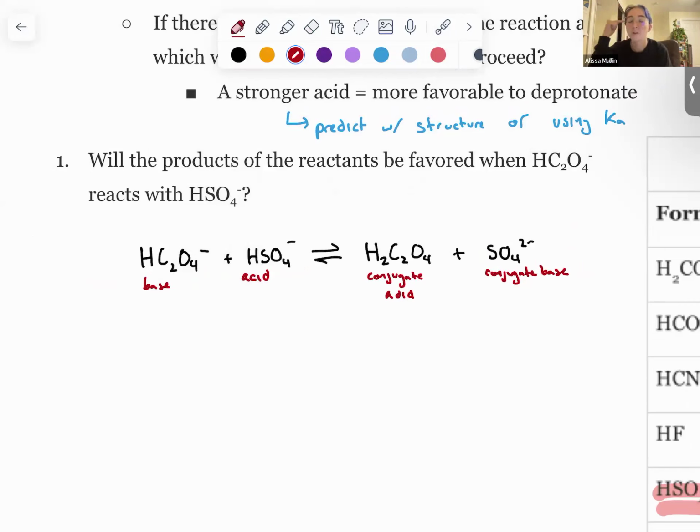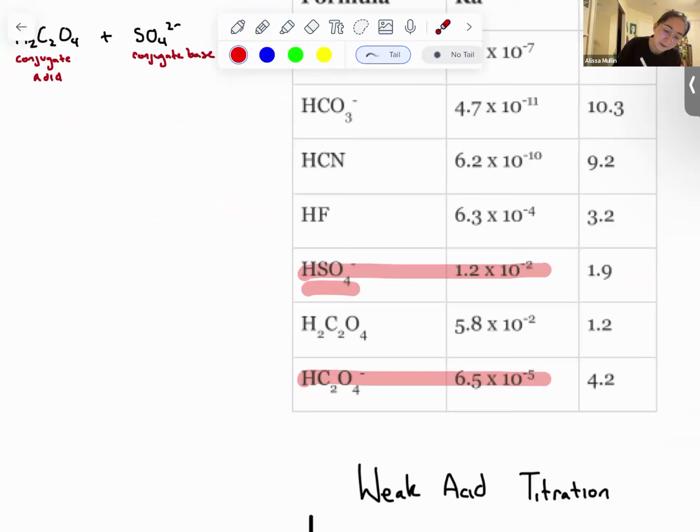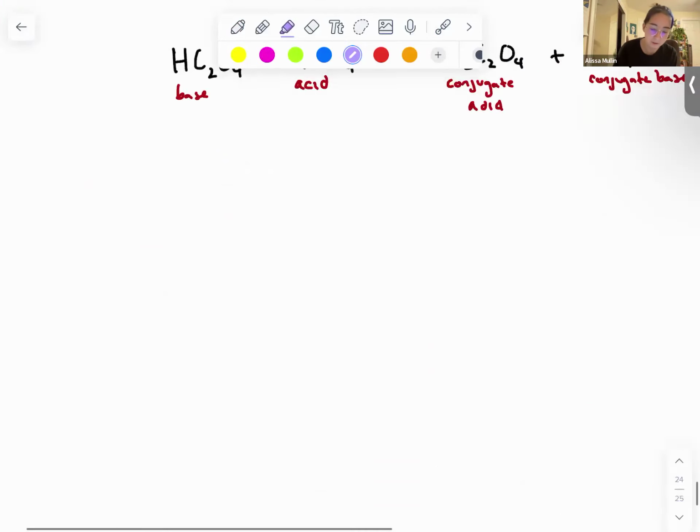Which reaction is more favorable to happen? In order to do that, we have to either compare the bases or compare the acids. So let's compare our acids. Which of these acids is the stronger acid? That's the one that gets to act like an acid. That's the reaction that gets favored. So what we're comparing is this one to this one. Look at those Kas. Which one's your stronger acid? This one is the stronger acid.